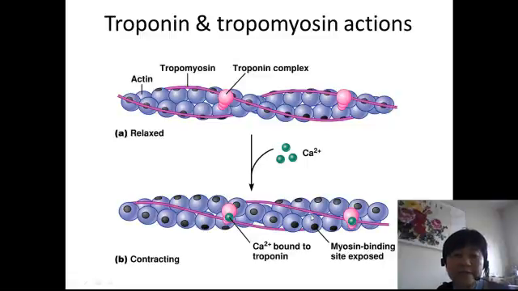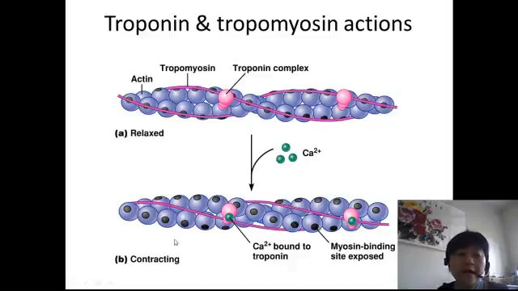You can see that the pink long thread moved away from the black sites. The black sites are all available for myosin to bind. So calcium is the key, troponin is a lock, and tropomyosin is a door. When the door is open, the myosin binding sites on the actin are now available.